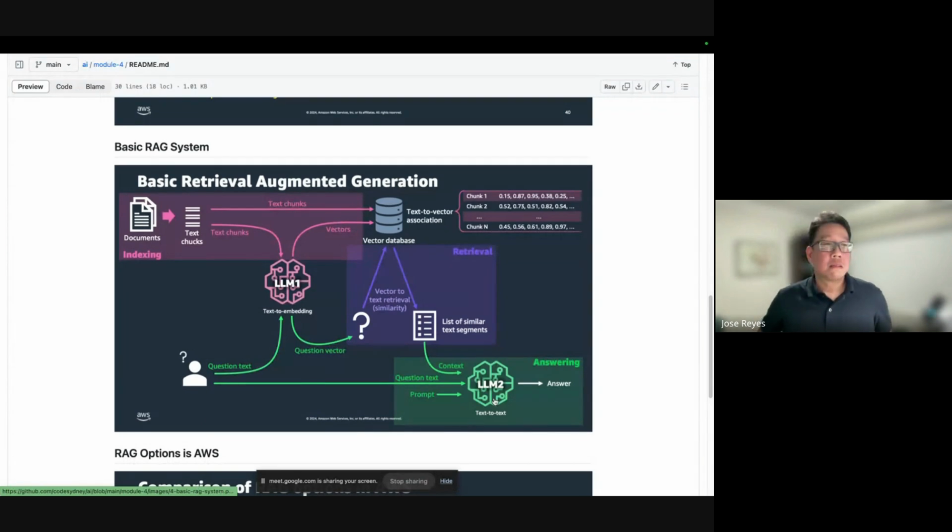And yeah, that's it. The large language model will do its magic. It will synthesize the answer based on the context, the question text, and the prompt. Mind you, all these are text, right? It's not vectors anymore. The LLM, the generator, is quite dumb. It only understands natural language.